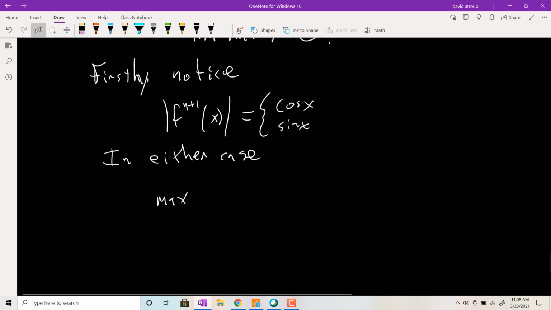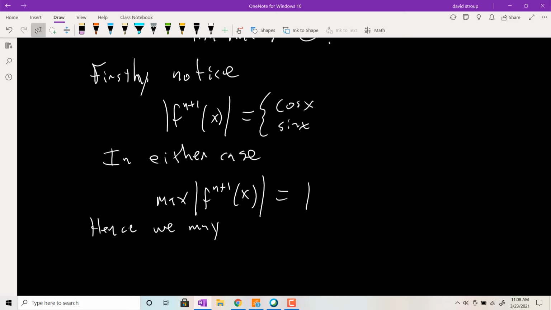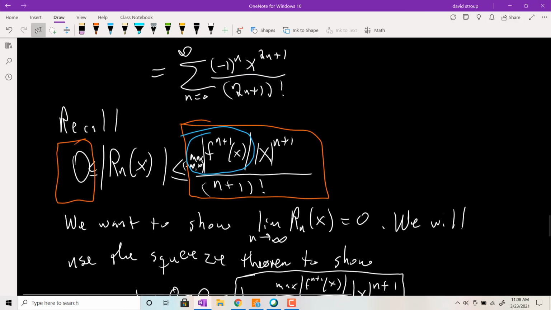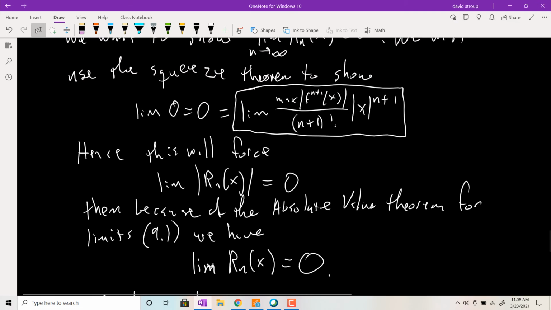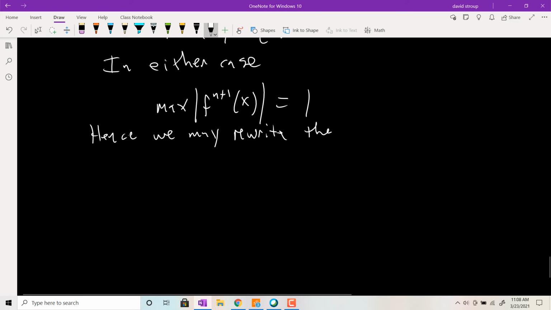So we could say the maximum of the n plus first derivative of x on the real numbers is going to equal 1. Hence, we may rewrite the right-hand side of that above inequality that I marked off in red.